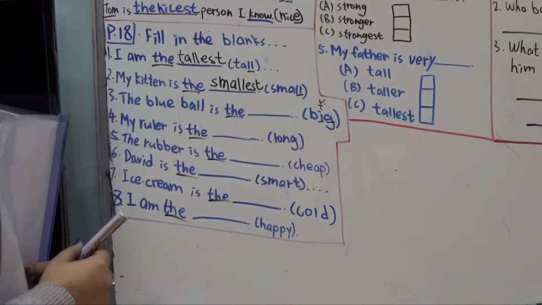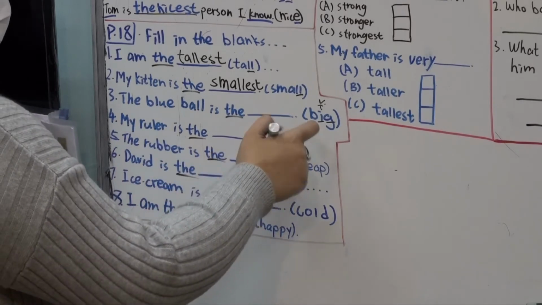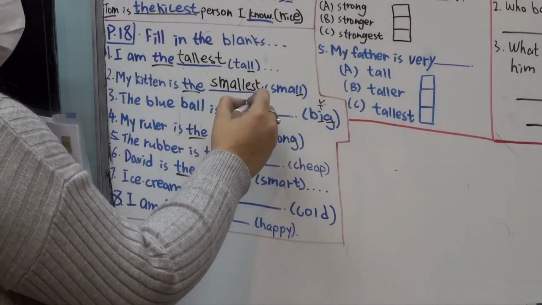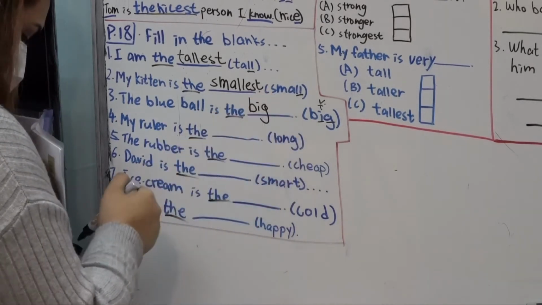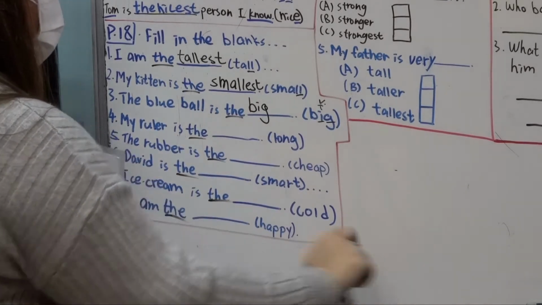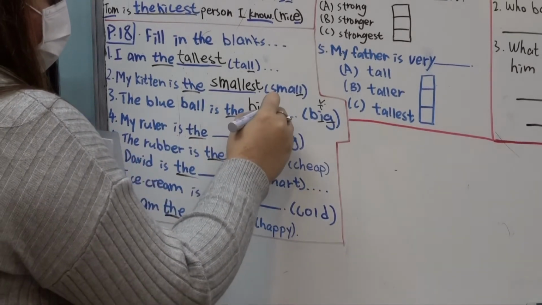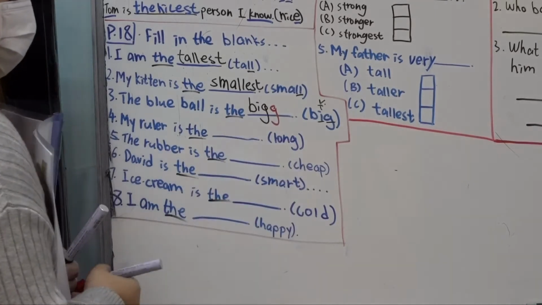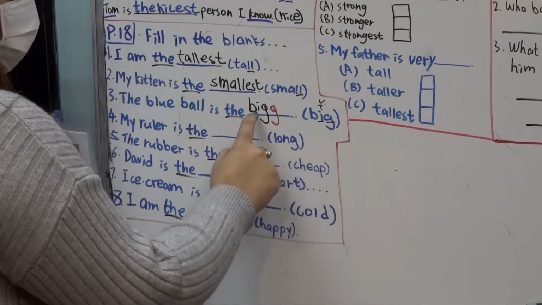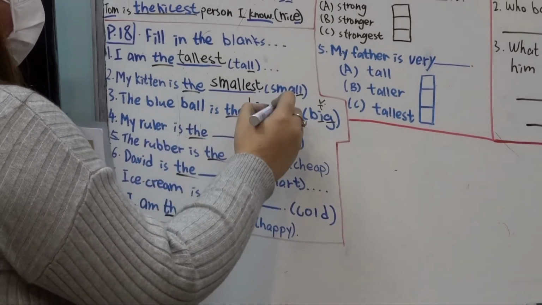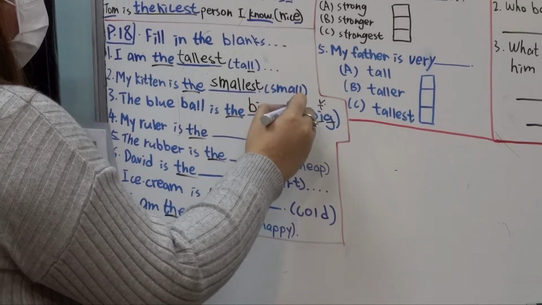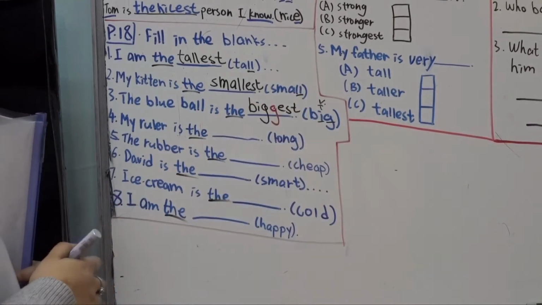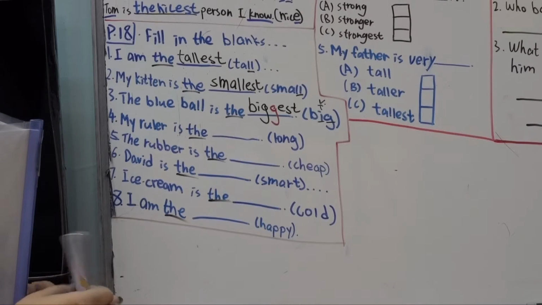How do we spell biggest? We double the last letter, okay? B-I-G, and then G. One more G, okay? Because there's a vowel here. I is a vowel. Remember that. Biggest. Okay?